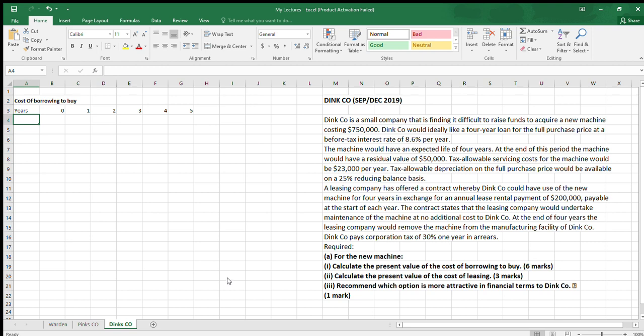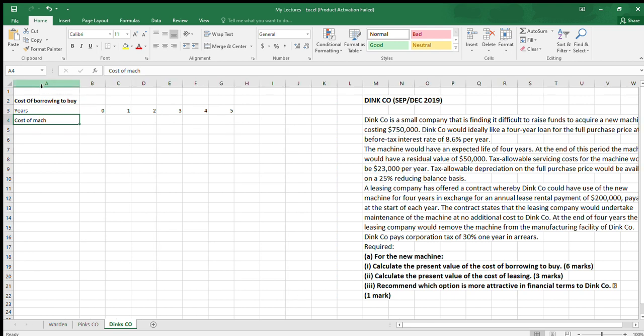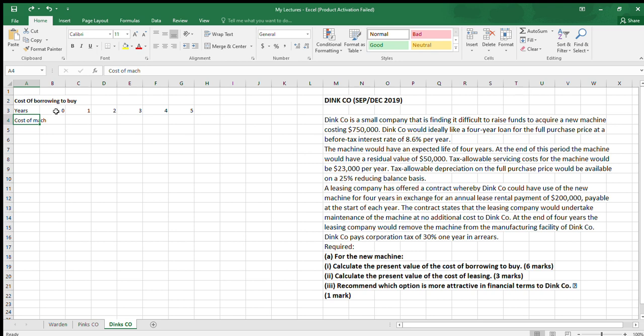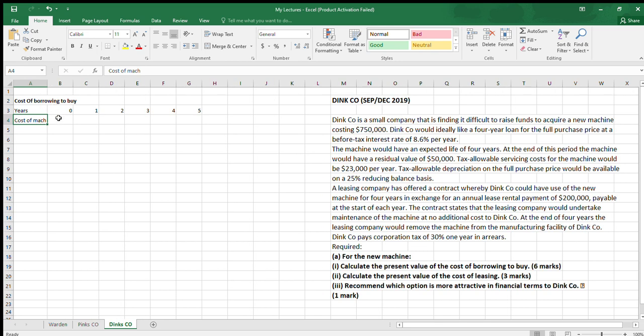That's all. So starting your investment appraisal question is very simple. You just have to bring your initial outlay, or let's say the cost of the machine. It will be a year 0 figure, which is supposed to be negative.